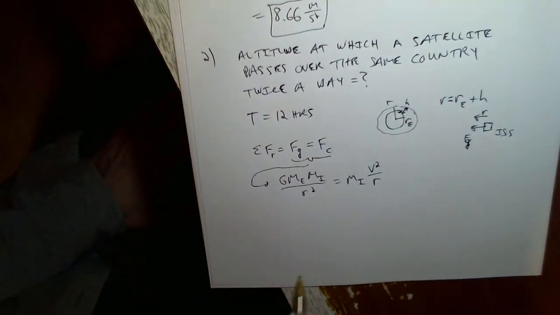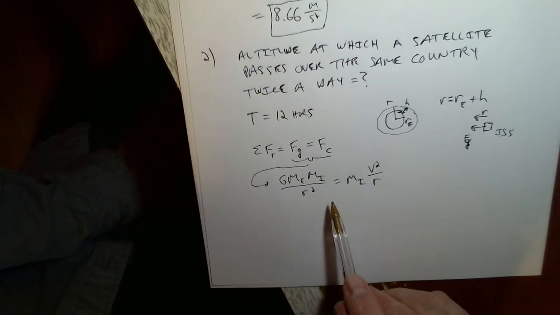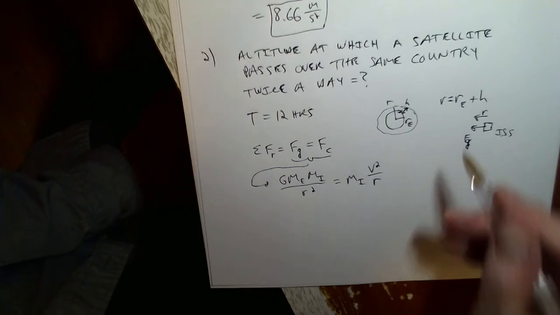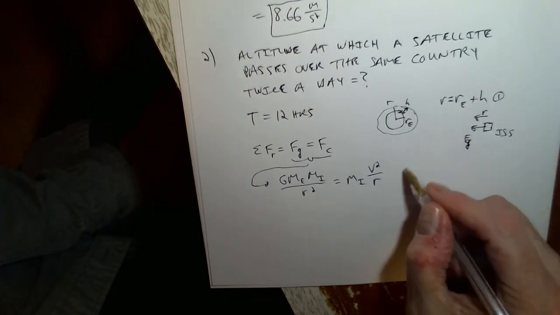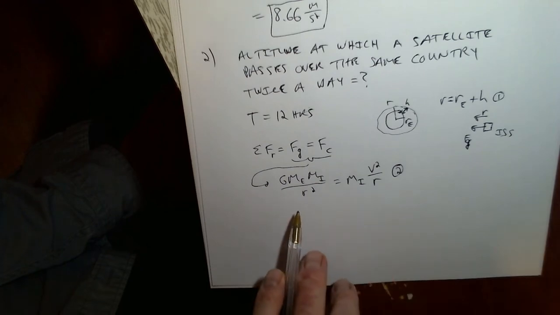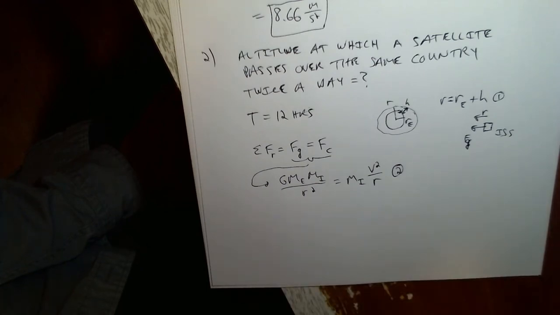And so we want to solve for the height. That means we want to solve for r and then use this equation to get h, just as we did before. So I want to solve for r. So I'm going to multiply by r squared on both sides, and I'm confused.